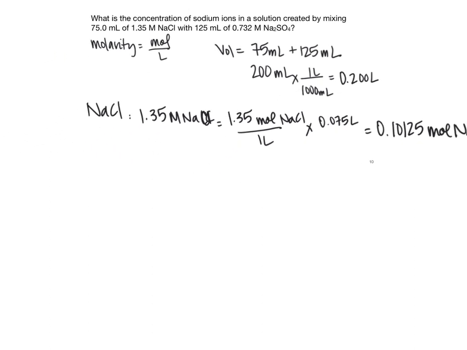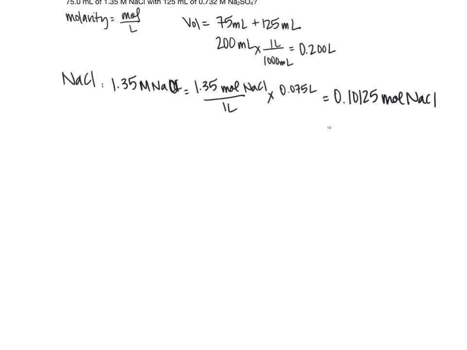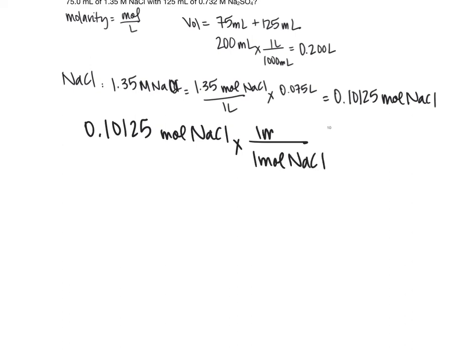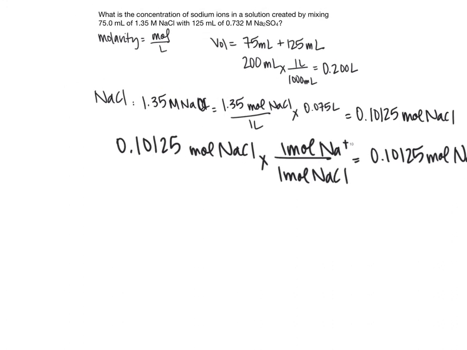Now we need to figure out how many moles of sodium are in this value. So we're going to take our 0.10125 moles of NaCl and convert that to just sodium. For every 1 mole of NaCl, we have 1 mole of Na+, which just gives us 0.10125 moles Na+.